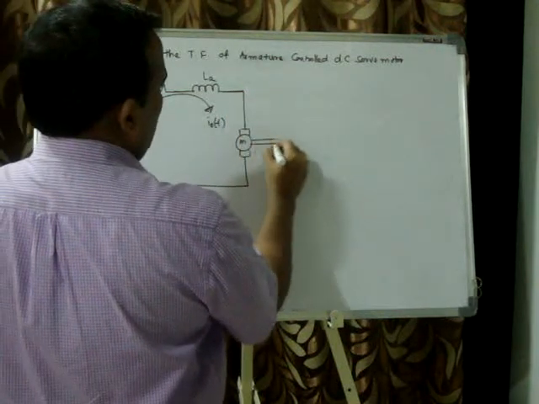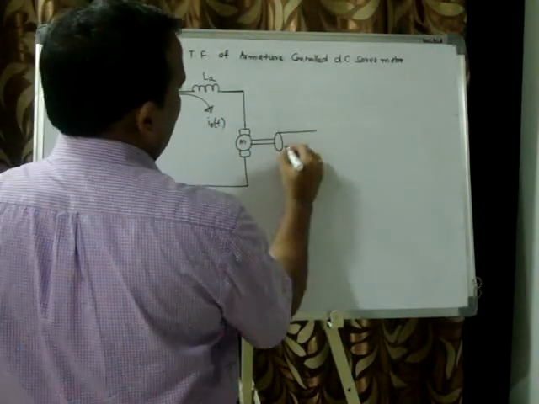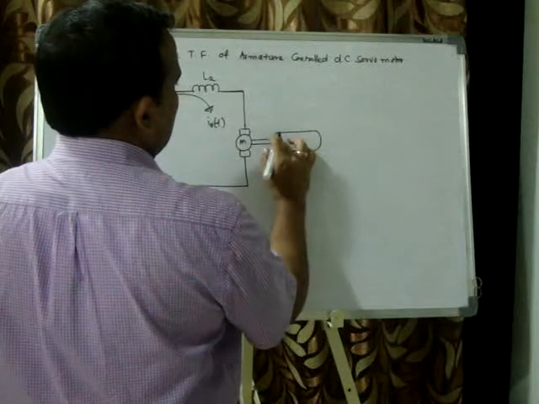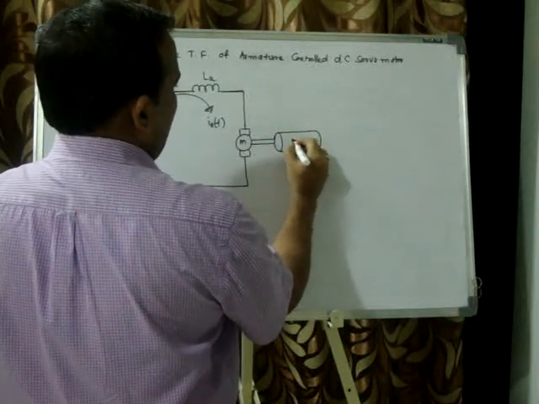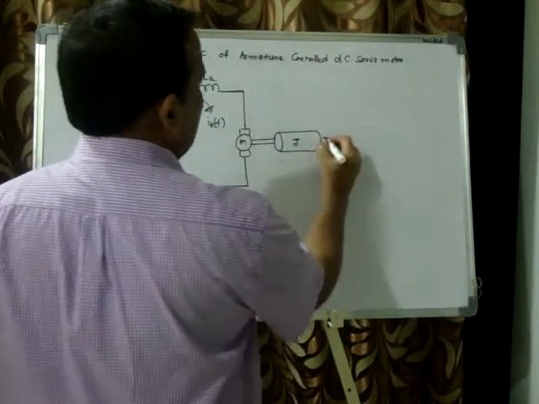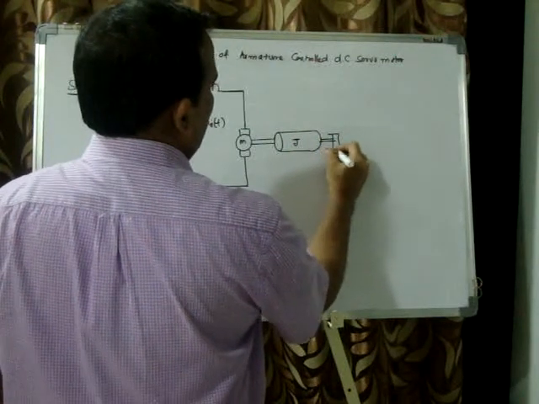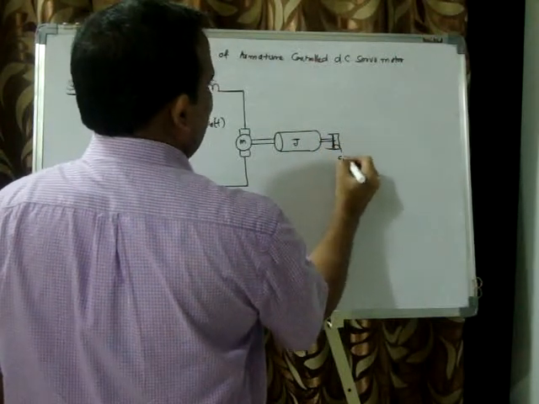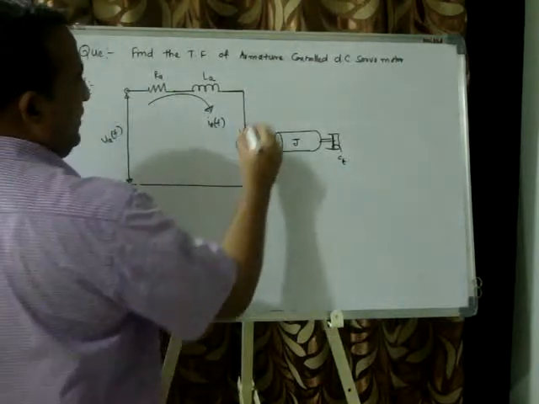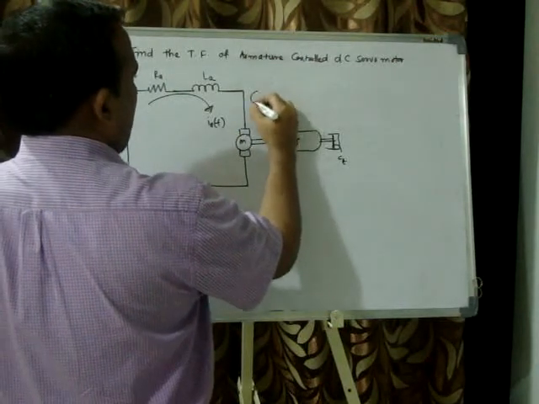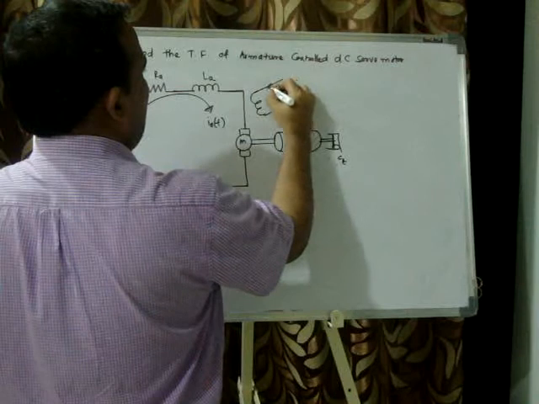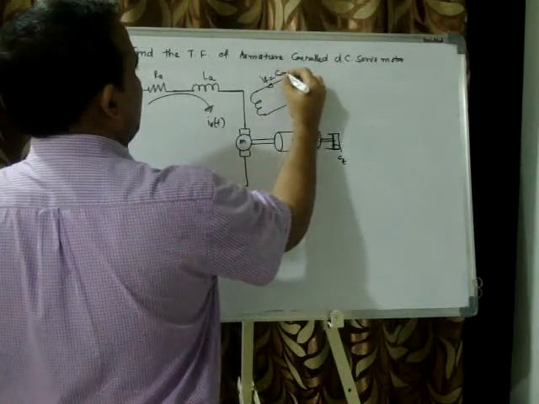The output of the motor is a shaft. There is a disc. The mass moment of inertia of the disc is J, and the torsional damping is CT. Here the motor has field current IF equal to constant.